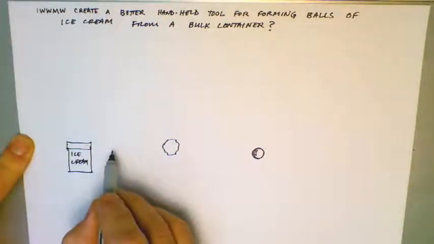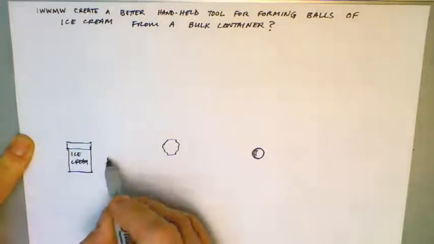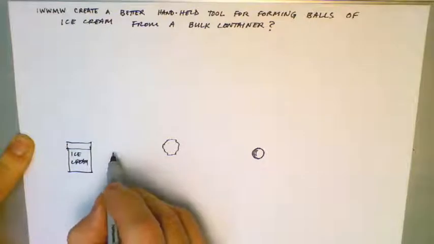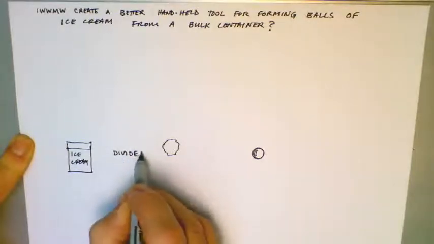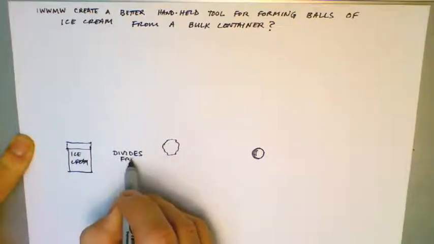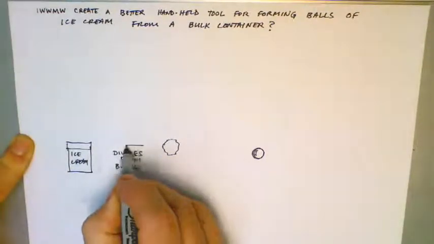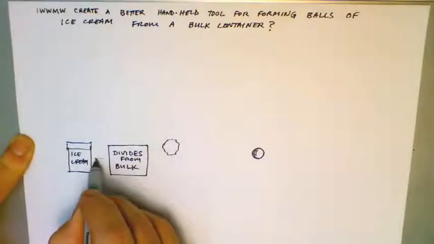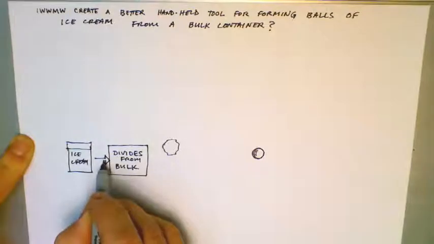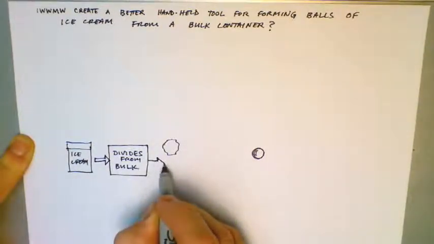And so the first, if you want to think about it functionally, the first thing that happens here is an ice cream scoop divides from bulk, so it takes the bulk ice cream and it divides it from the bulk.